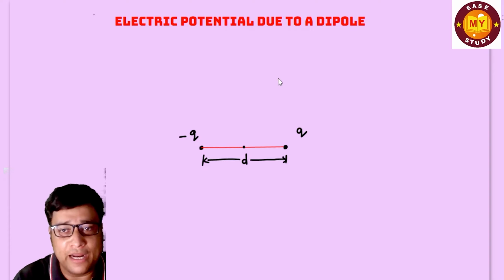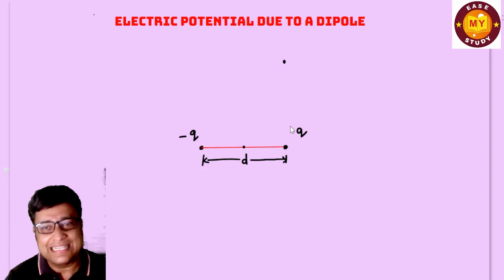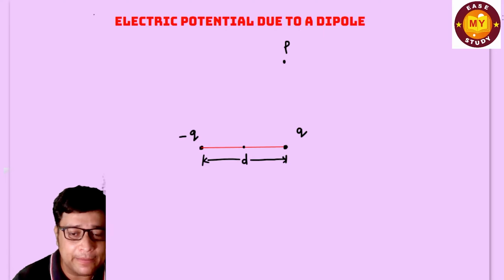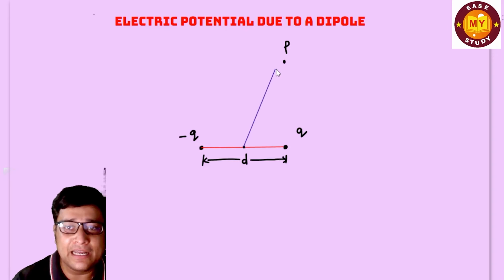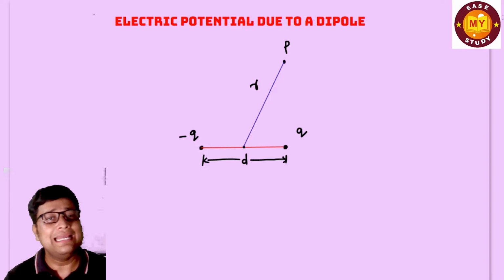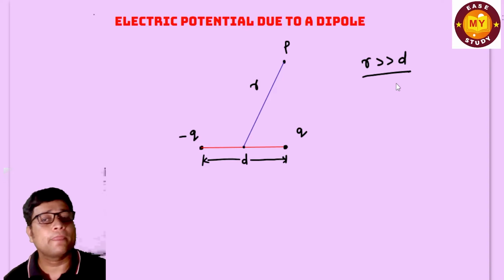Now you have to find the electric potential at some point P. What is the relation between D and this point P? Suppose point P is at a distance of R. But can you imagine that this R is near to Q? No. We are assuming that R is much greater than D. This is the assumption.